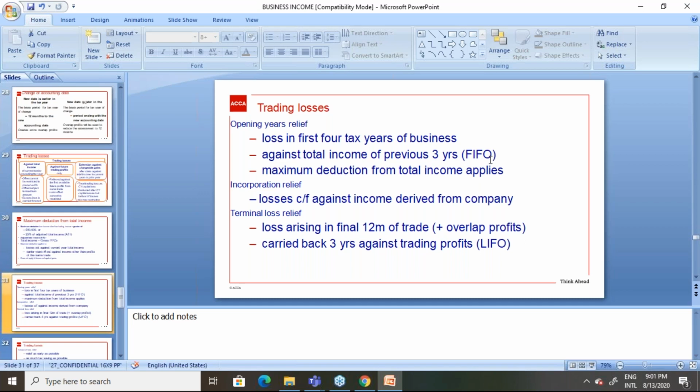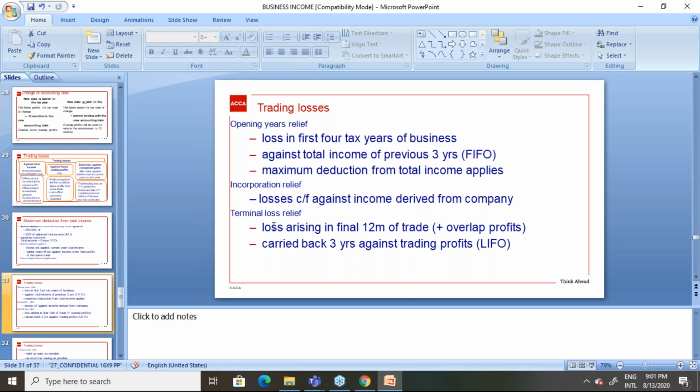But this is a relief applicable only to newly started businesses. So if the business has incurred a loss during the first 4 years of the business, that loss can be carried back for a period of 3 years to set off against total income according to first in, first out basis. That is the opening year relief.